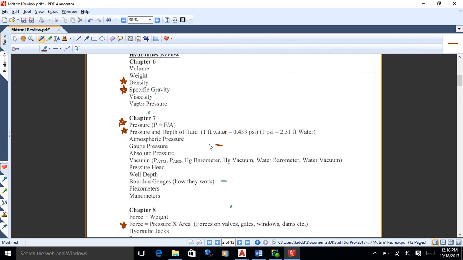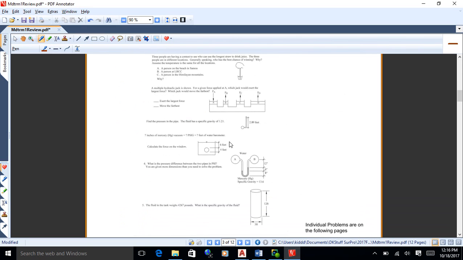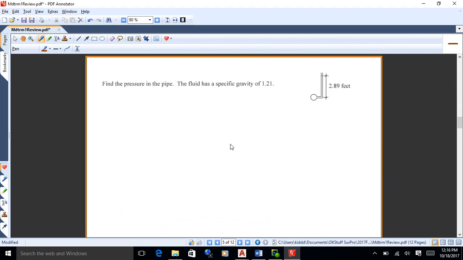Okay, so on those example problems, did we cover density? I think we did on that last one, and specific gravity. We covered pressure. P equals F over A, a little bit there. And then we got pressure and depth of a fluid. These constants here are on your formula sheet. And then we had a force problem, right? So yeah, that's kind of how that stuff might be covered.